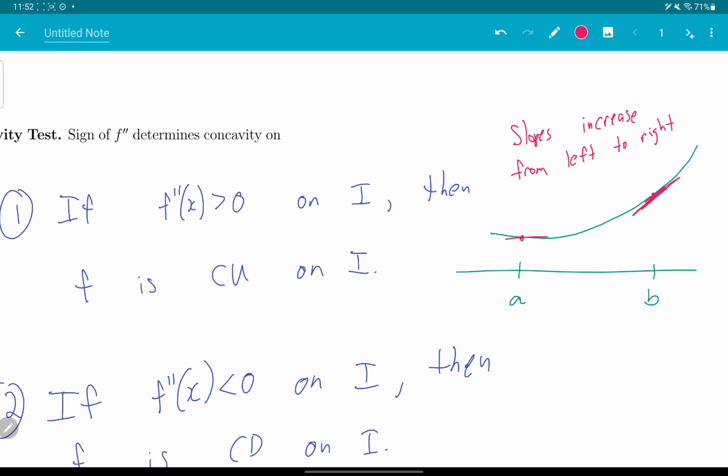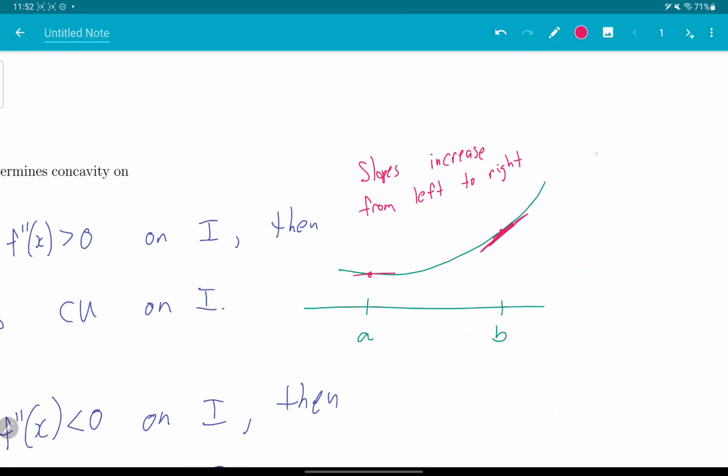So what does that tell me? The slopes increase. If I have a concave up chunk of my function, I can see the slopes are increasing as I go from left to right. This one's about 0, and this one is, I don't know, 2/3 or something. What does that mean? It means that f prime is increasing. So maybe we'll put a logical connector here.